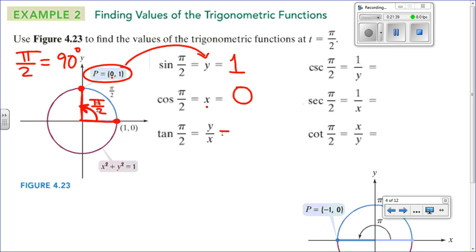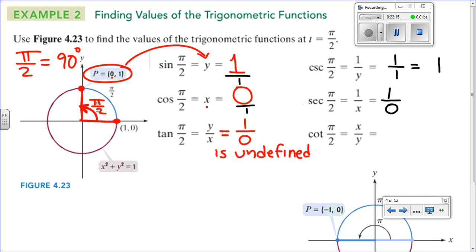Okay, now what will the tangent be? 1 over 0. And what happens here? So this becomes undefined. Okay. Now let's do the reciprocal ratios. The reciprocal of 1 is just 1. What's the reciprocal of 0 over 1? 1 over 0, which is undefined.